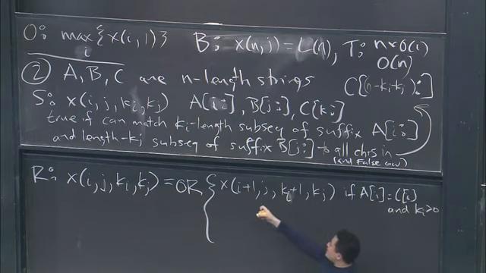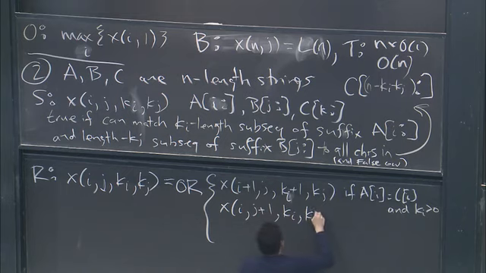So if ki is greater than 0, I need to match an i, right? So this conditional doesn't even make sense unless I've evaluated this ki to be bigger than 0. Otherwise, I'm trying to access i of n, right? So I'm just putting this conditional on there. Same with matching B. i, j plus 1, ki, kj plus 1 if, sorry, this should be minus 1. I have fewer characters that I have to recurse on, so that's a typo in my notes.